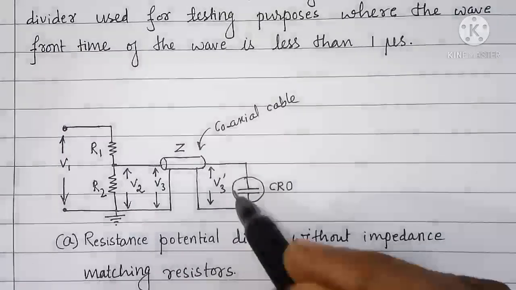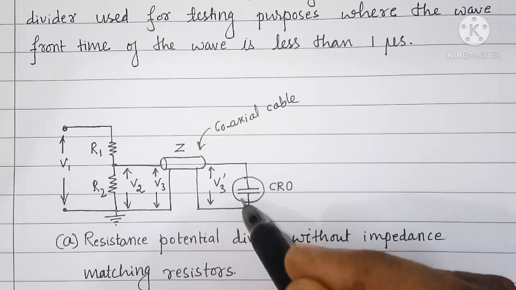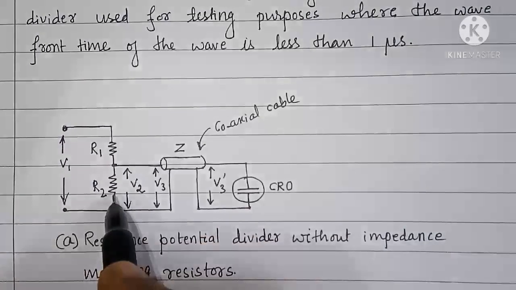Therefore, the high voltage wave that approaches CRO will be reflected with double of the magnitude, and it will be going back towards the potential divider.